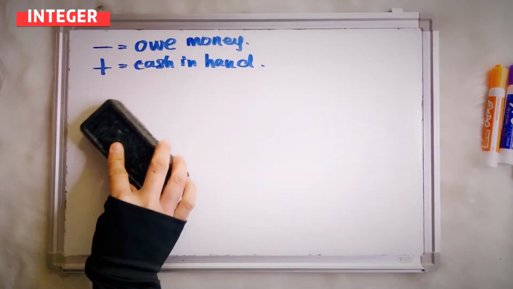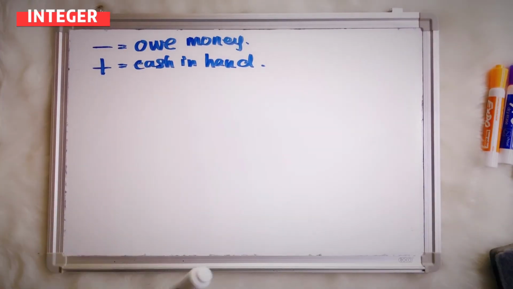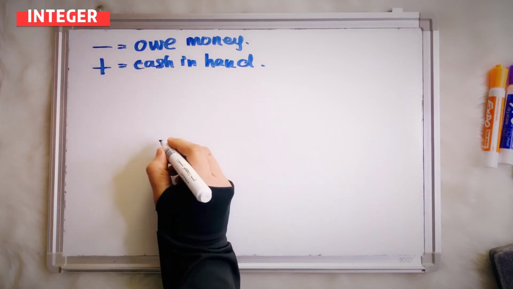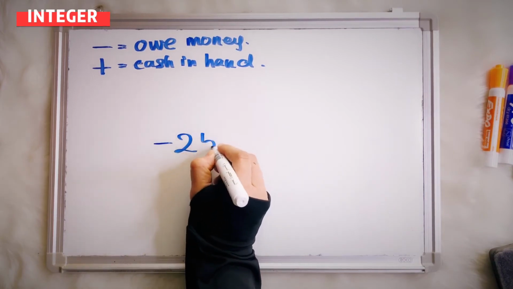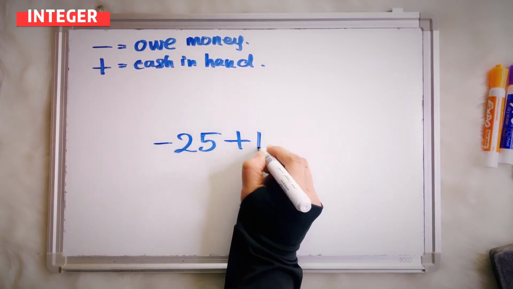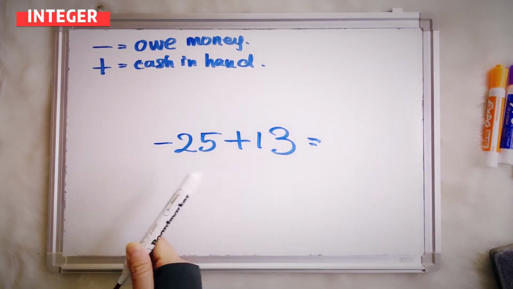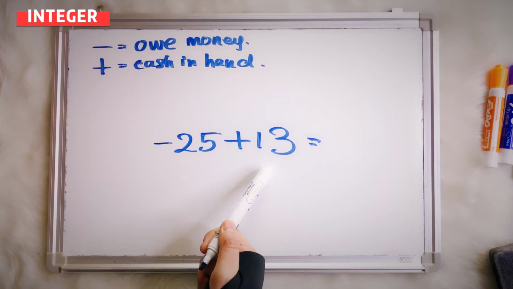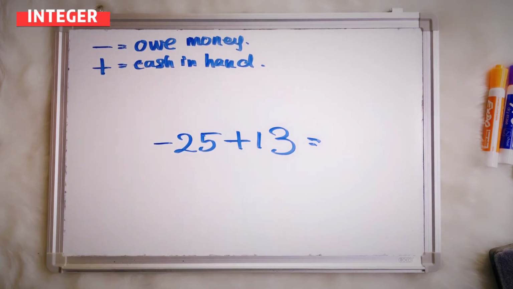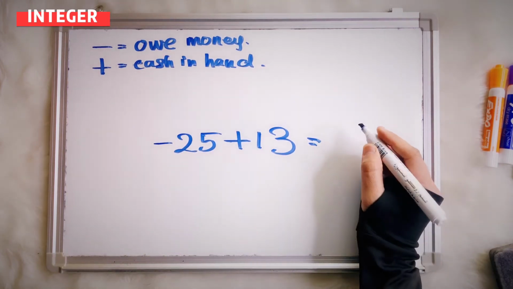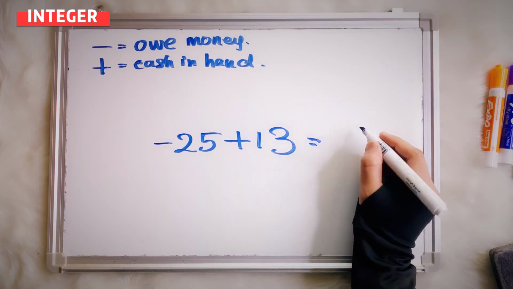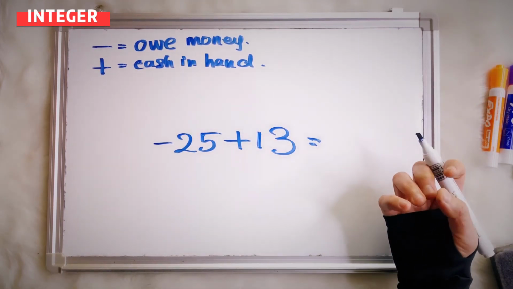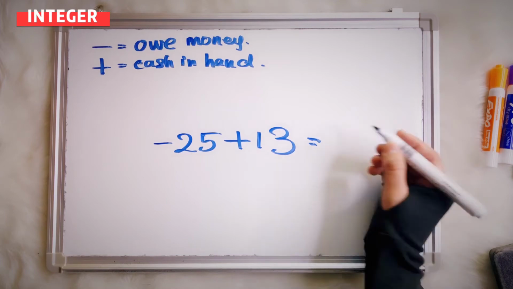Okay, inshallah it is easy for you to understand about integer. All right, now let's say I give you negative 25 plus 13. So you owe me $25, but you have cash in hand right now, you have $13. So you have to pay me, right? So after you pay me, do you still have cash in hand or do you still owe me? Okay, let's check.